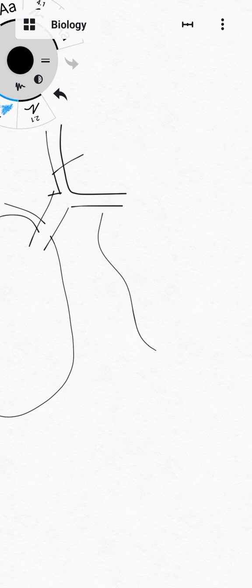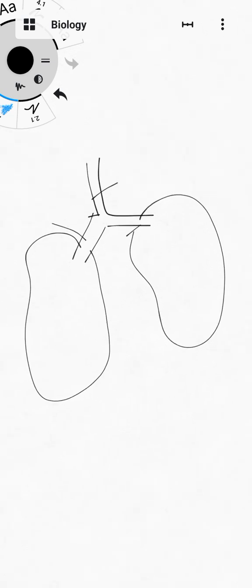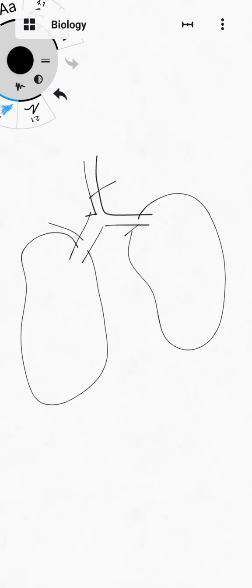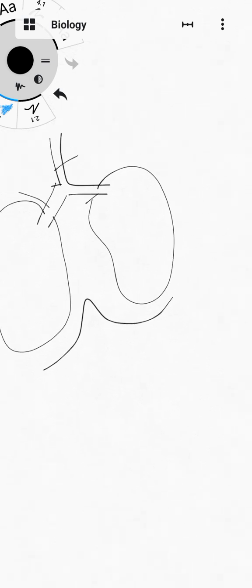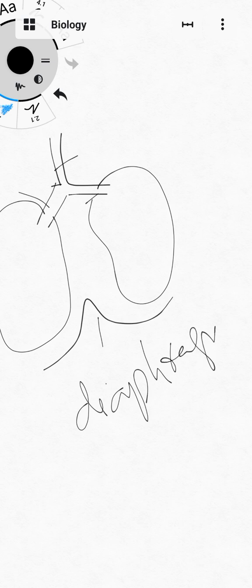These lungs have a dome-shaped muscle beneath them, and that muscle is known as the diaphragm. Whenever you inhale oxygen, it becomes flat, and whenever you exhale, it comes back to its dome shape.